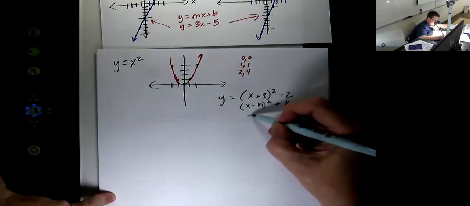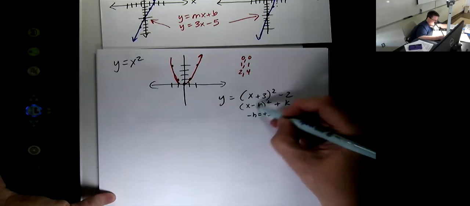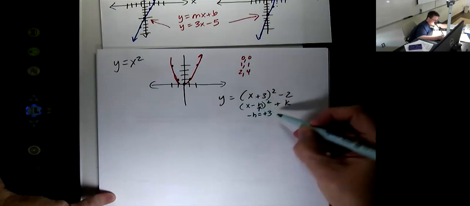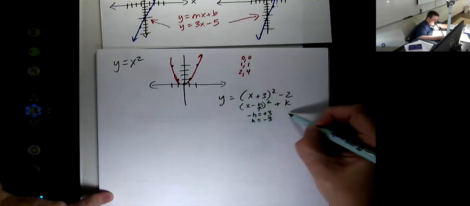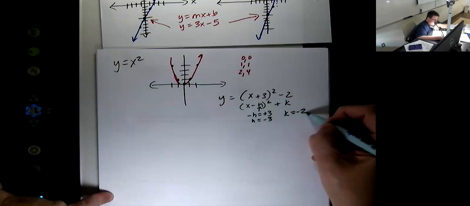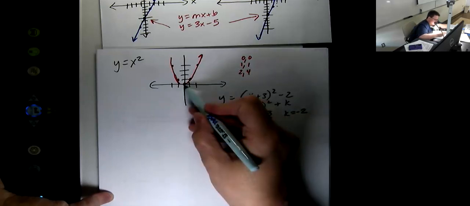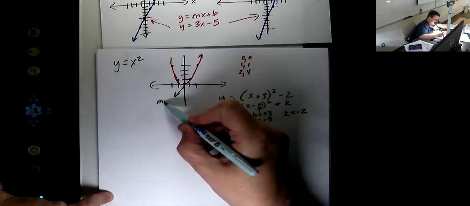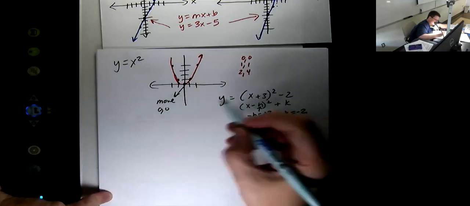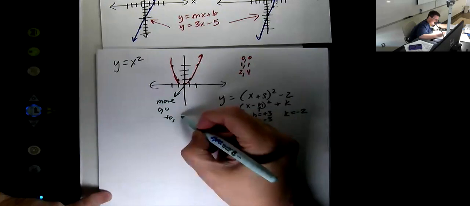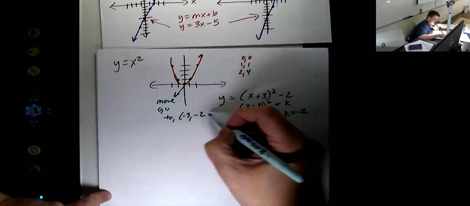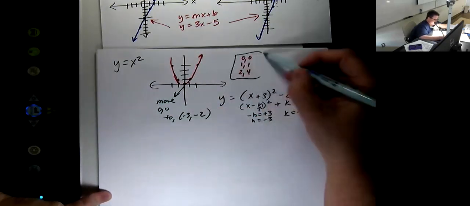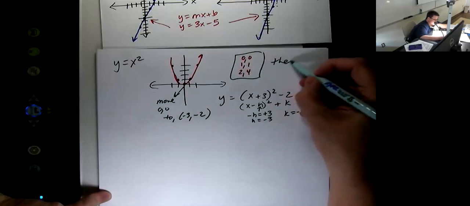So negative h equals +3 by comparing these two. So h equals -3 and k equals -2. We can move 0, 0 to -3, -2, and then do this same thing from there.